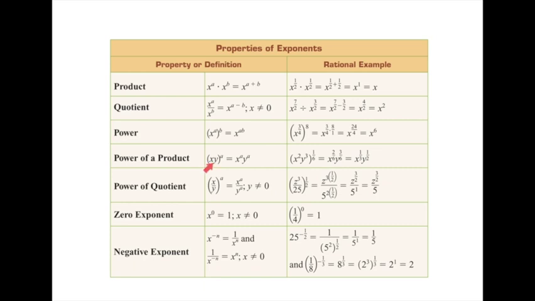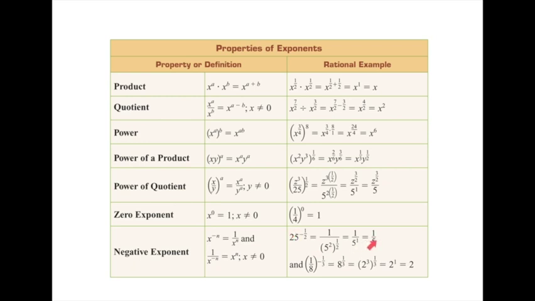If you have two things within a root and you take it to a power, each one is to that power. If you're dividing two things to a root, everything in that is to the same power. Anything to the 0 is 1, even if it's a fraction. Negative exponents put it in the denominator. That's true of fractional exponents. 25 to the negative 1/2 is basically the square root of 25 in the denominator, right?